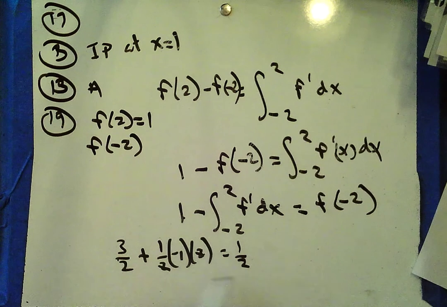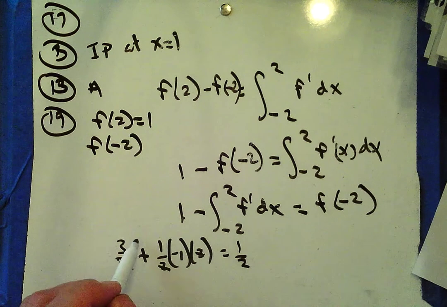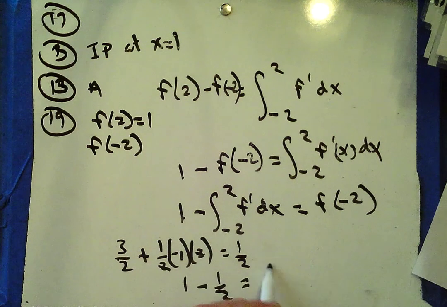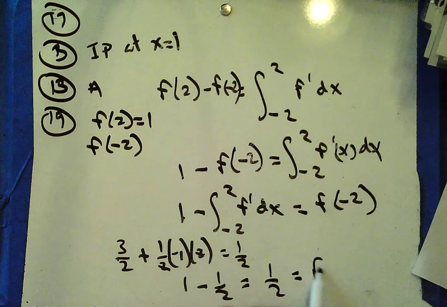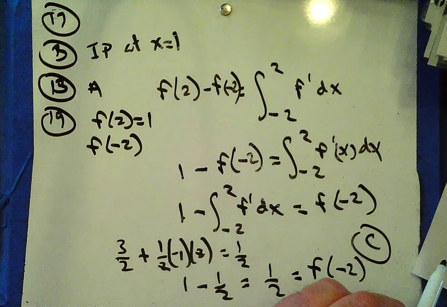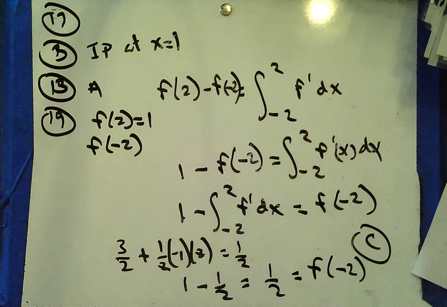So that's the value of the integral. The value of the integral is 1/2, and I want 1 minus the value of that integral, and so I get 1/2 for f of -2, and that corresponds to choice C. C for number 19. Okay, let's take a look at 20.